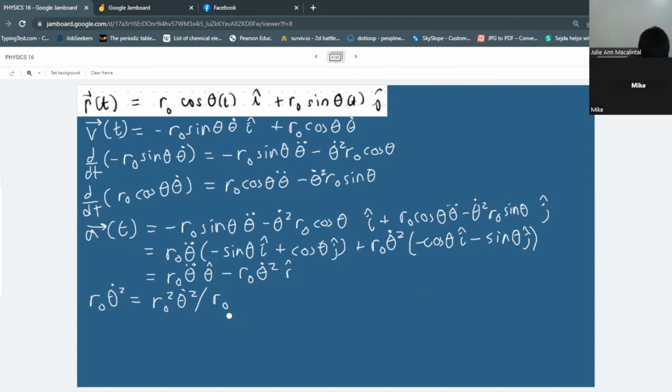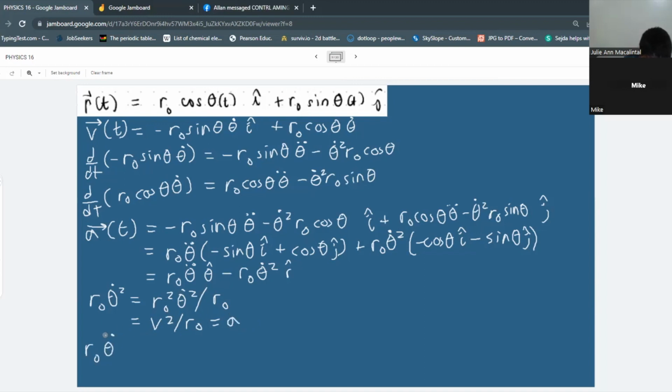Now, r theta dot is actually the speed of the object. So that's v squared over r naught. Now, r theta double dot is going to be the acceleration along the tangential direction. So a sub theta. So r naught theta double dot. And that is the acceleration along r.